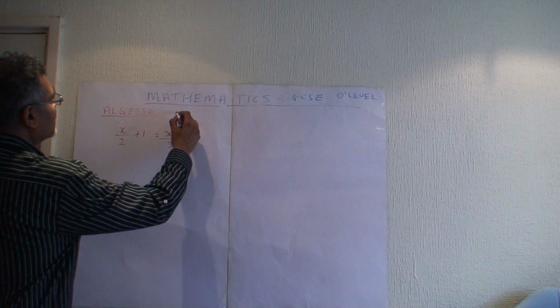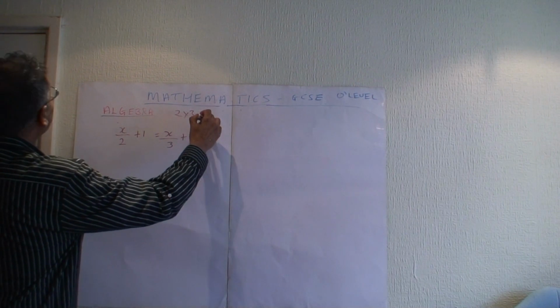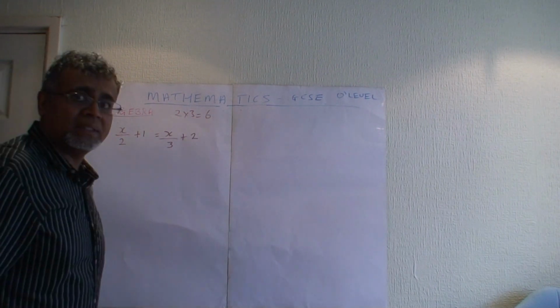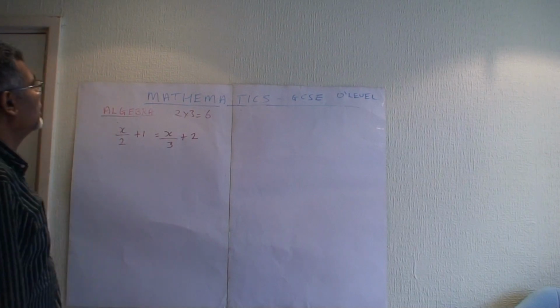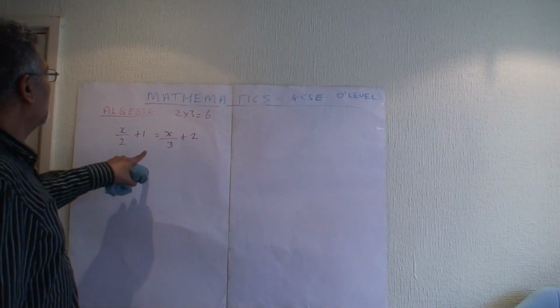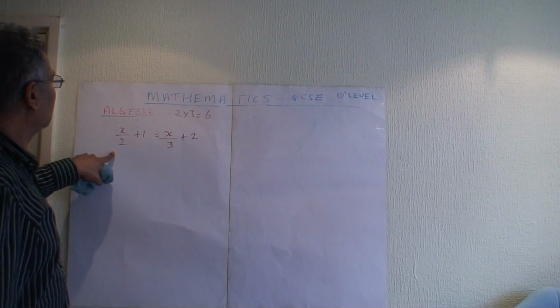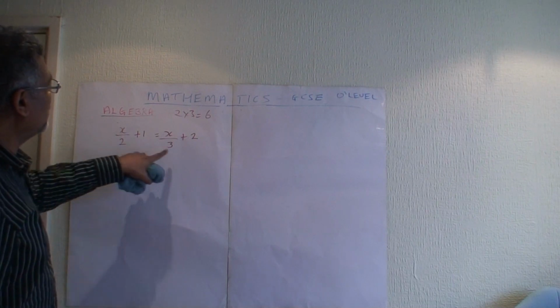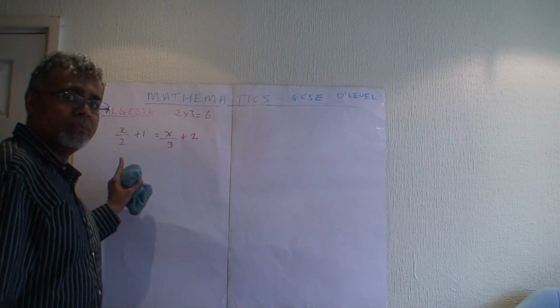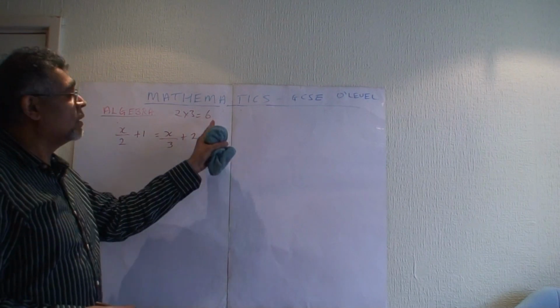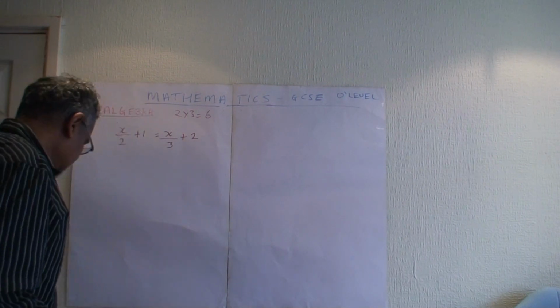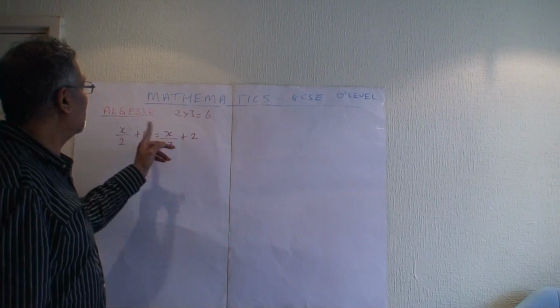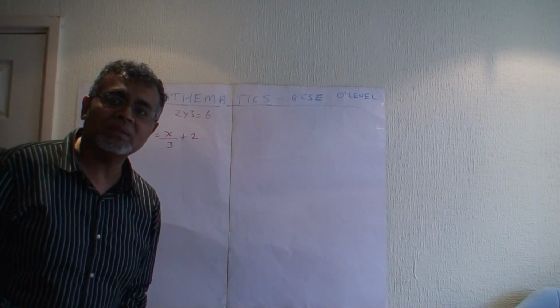Normally 2 multiplied by 3 is equal to 6. So what we want to do is multiply both sides of the equation by 6.